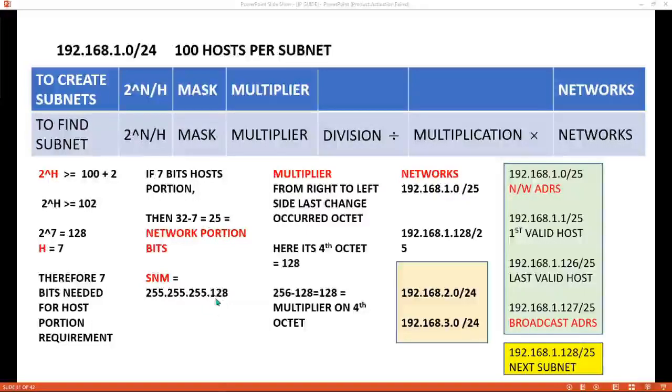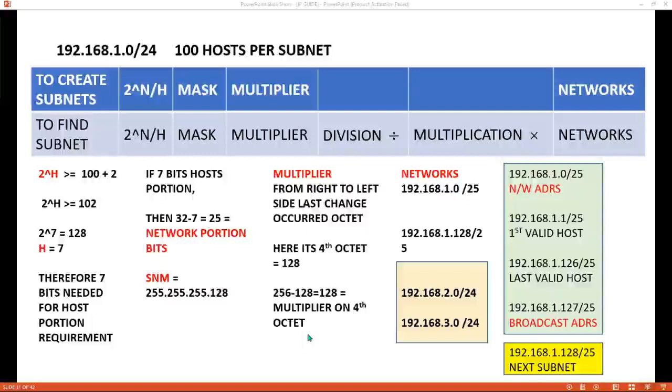Next, here you can find the last changed octet is the 4th octet, which means 128 in the 4th octet. You can deduct this 128 from 256 in order to get the multiplier. So the multiplier is on the 4th octet: 256 minus 128 is 128.